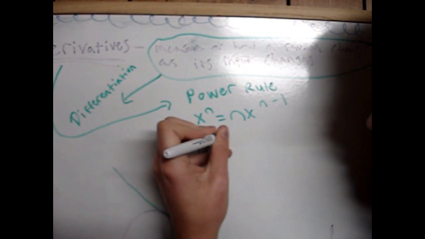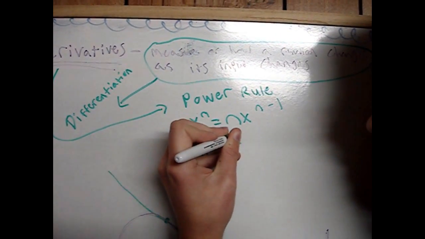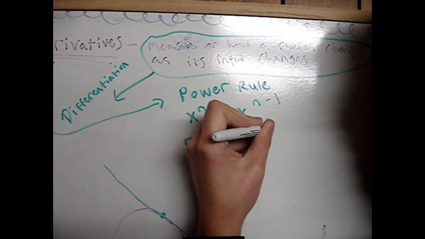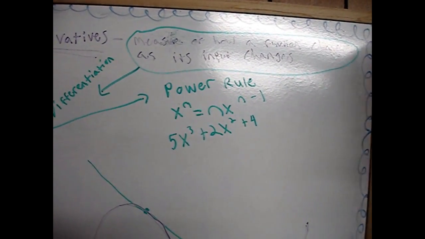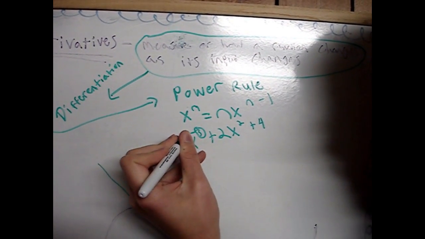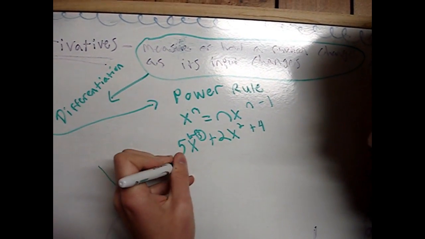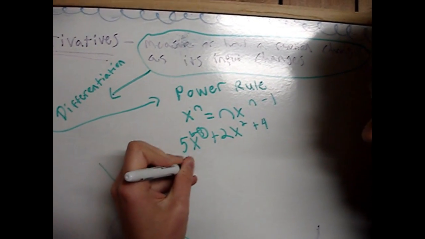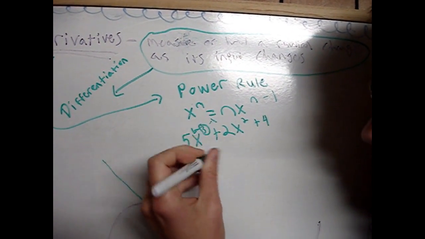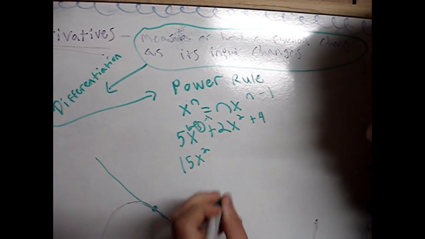5x cubed plus 2x squared plus 4. Alright, well, you're going to take n right here and multiply it by 5. So you'll get 15x, and then you've got a minus 1 from n, and you get 2.